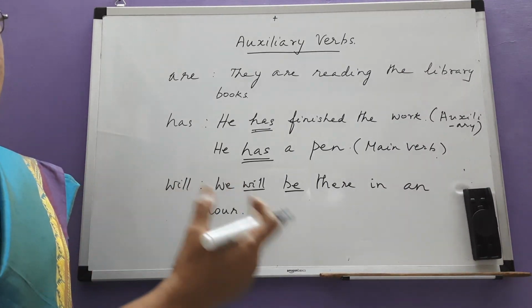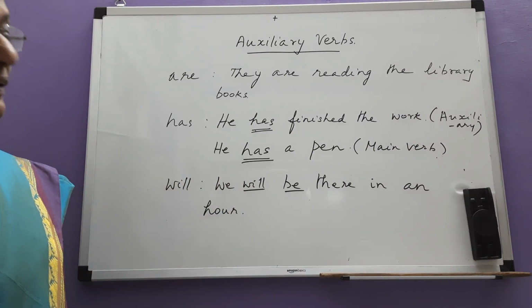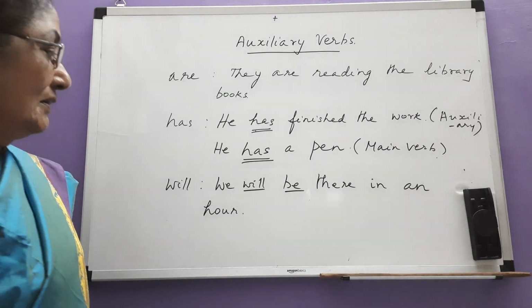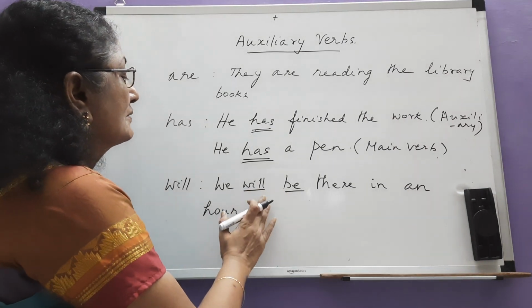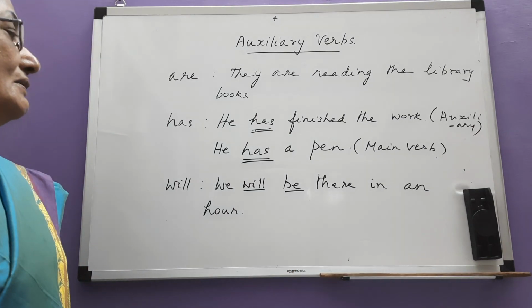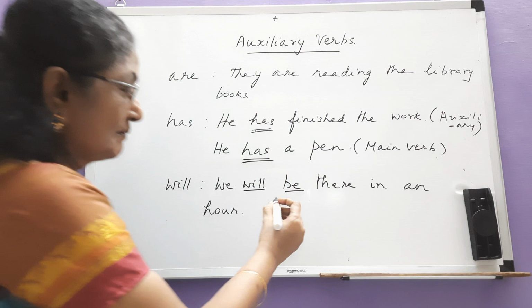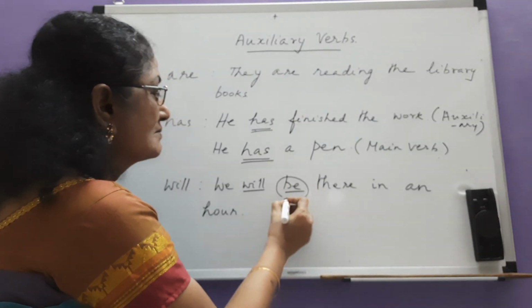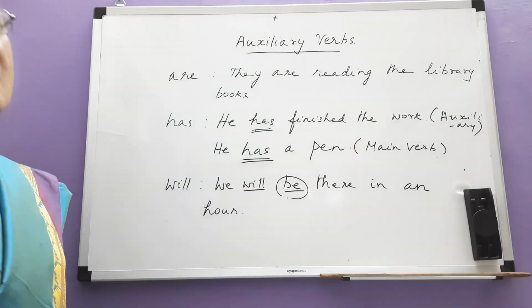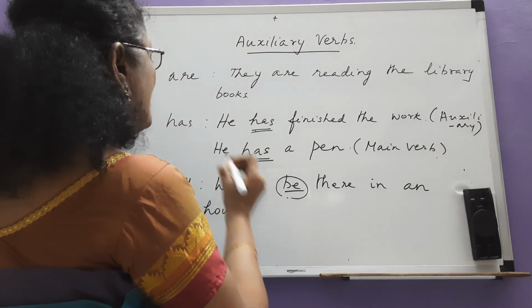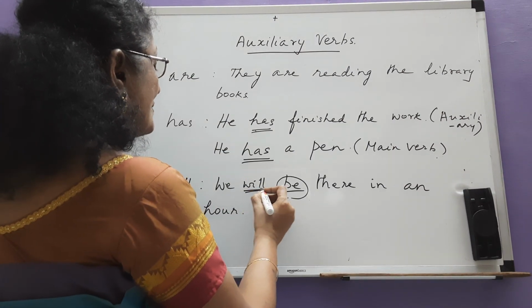Will, then be. Of course, it indicates the future tense. So it is not given as we will there in an hour. Your presence will be there. So for that, be only is the main verb. Will is auxiliary. Will plays the role of the auxiliary verb.